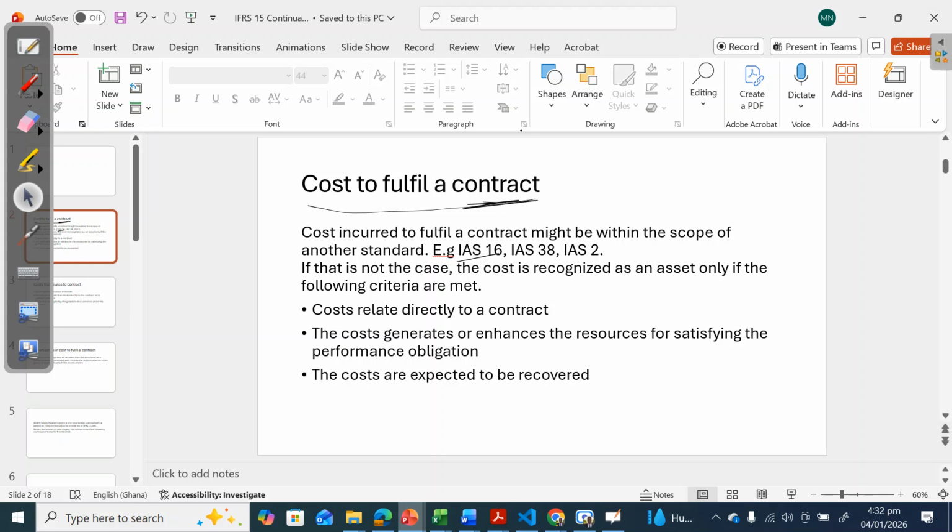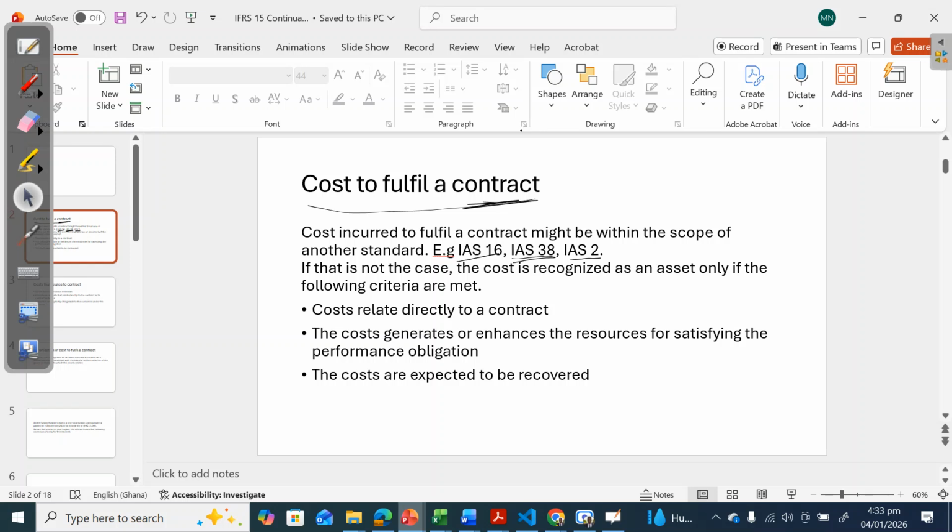So assuming the cost that you are incurring is related to acquisition of a non-current asset, like a PPE item, then you have to treat that cost as PPE, IAS 16. If that cost is related to intangible assets, you have to treat the cost as an intangible asset. If the cost is related to inventory, then you have to treat the cost as inventory.